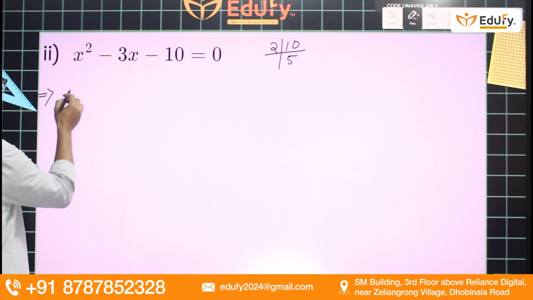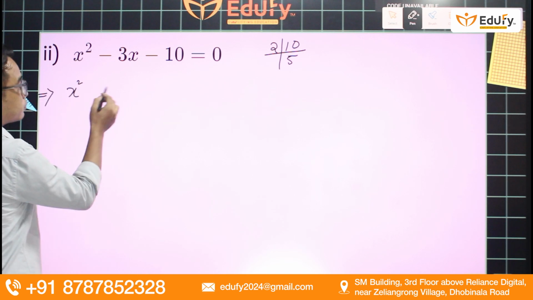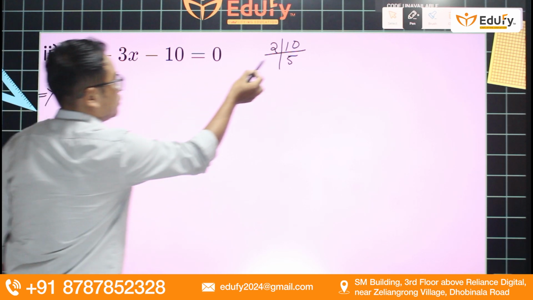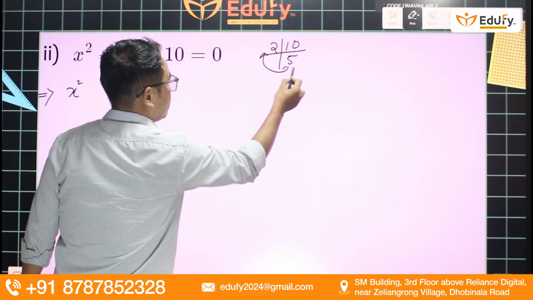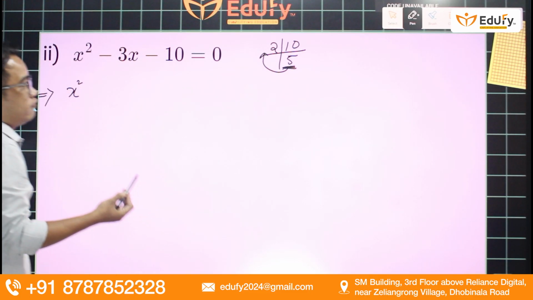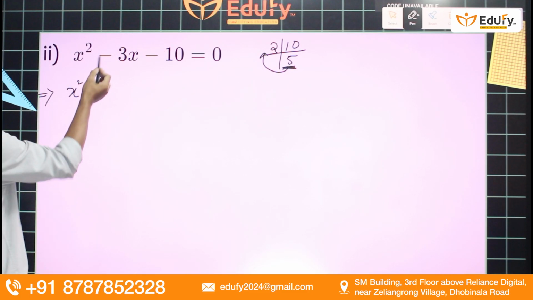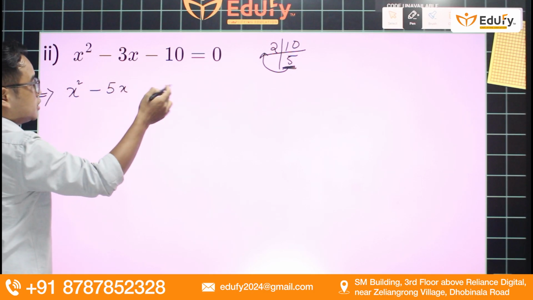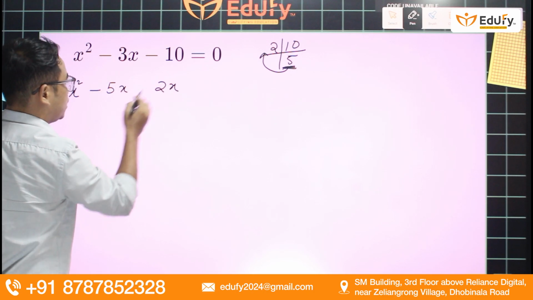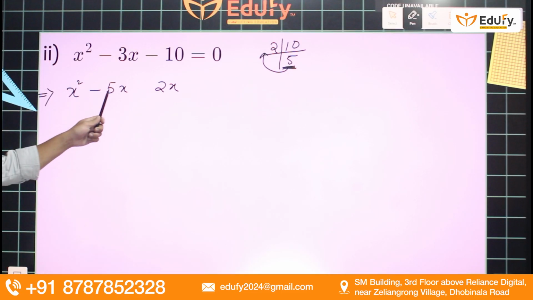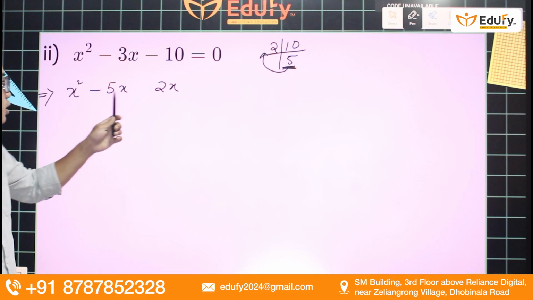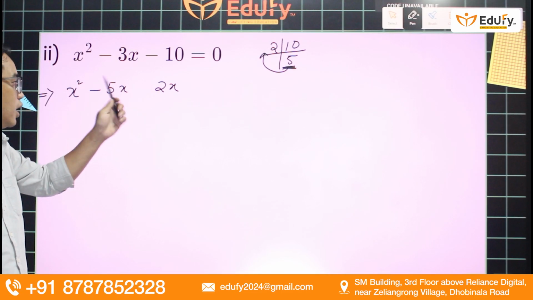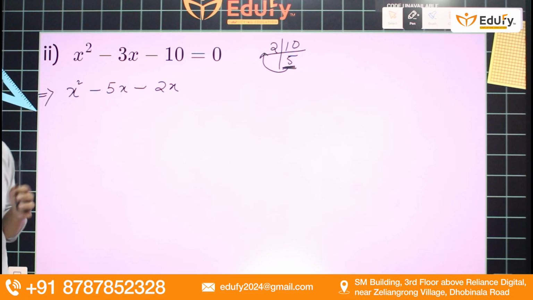So here, same thing again, x squared. Now I have to take 5 minus 2. Whichever number is greater, you should try to put that number first so that your sign remains the same. So here it is minus, and we have 5x here, and the next is 2x, right? Now here, I have to subtract this 2. For you to subtract this 2, I cannot just put a minus sign here, because obviously that is wrong.